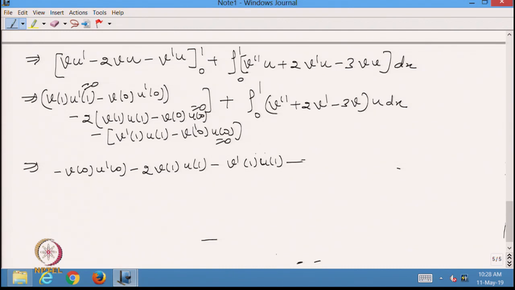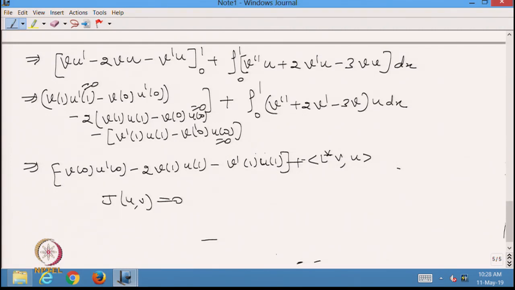This is my factor, plus this one I can write as the inner product (L*v, u). So, this is my bilinear form.